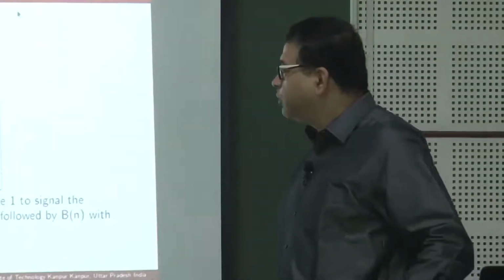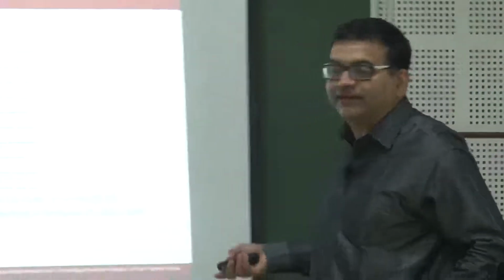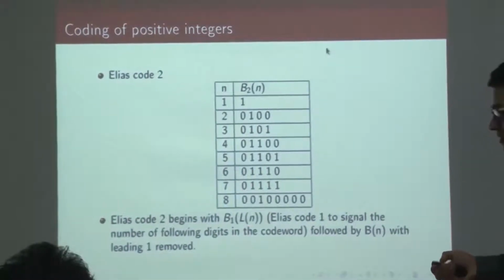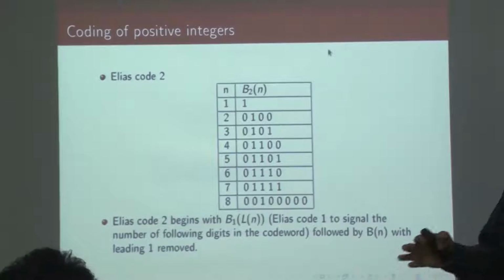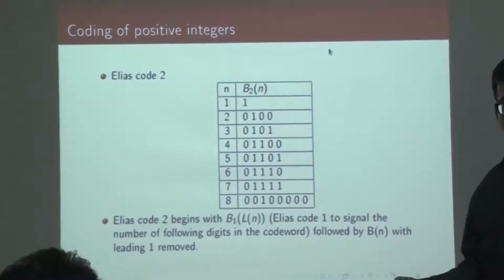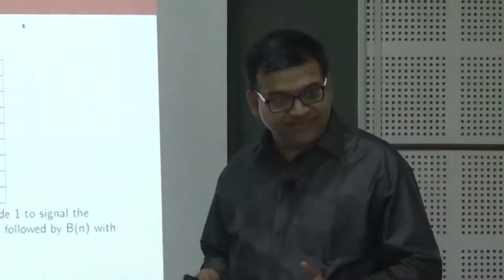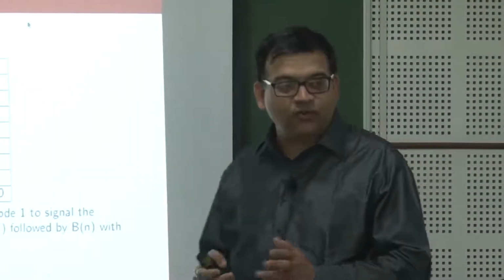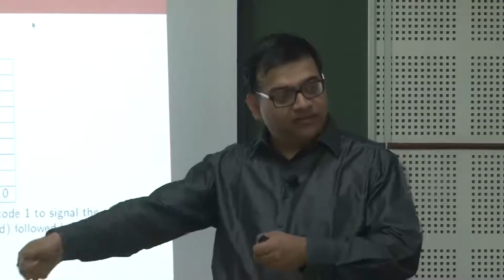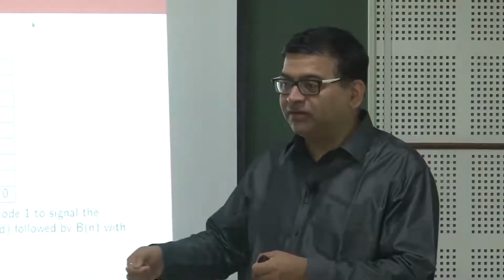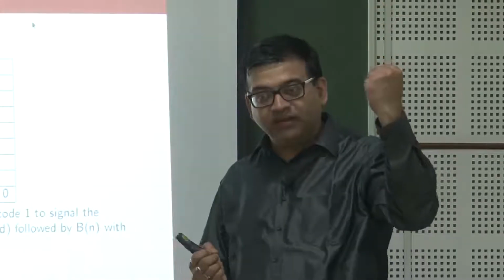Okay. So how will the decoder decode? The decoder first gets B1 of ln. It can figure out what the length ln is, correct. Once it figures out the length, it knows it needs to look at the next ln minus 1 bits. Why ln minus 1 bits? Because the leading 1 has been removed.